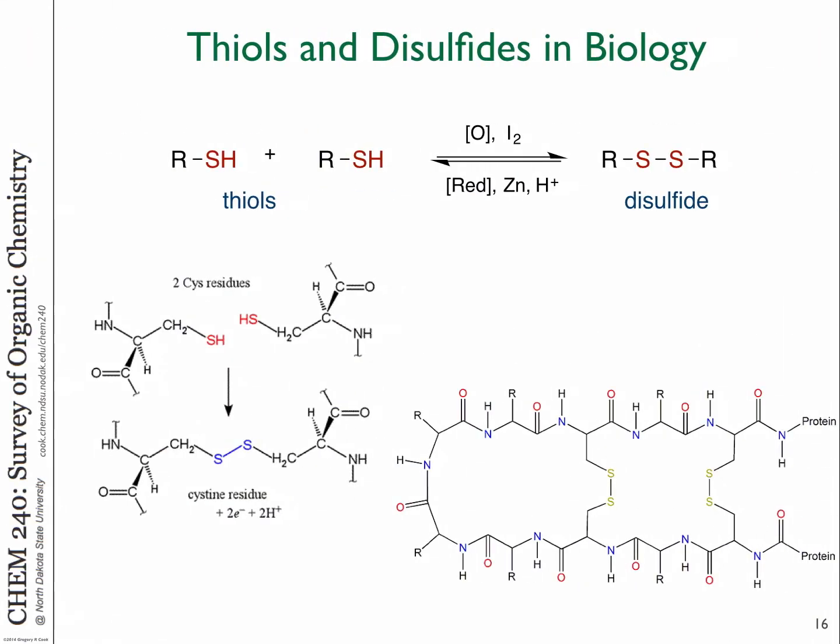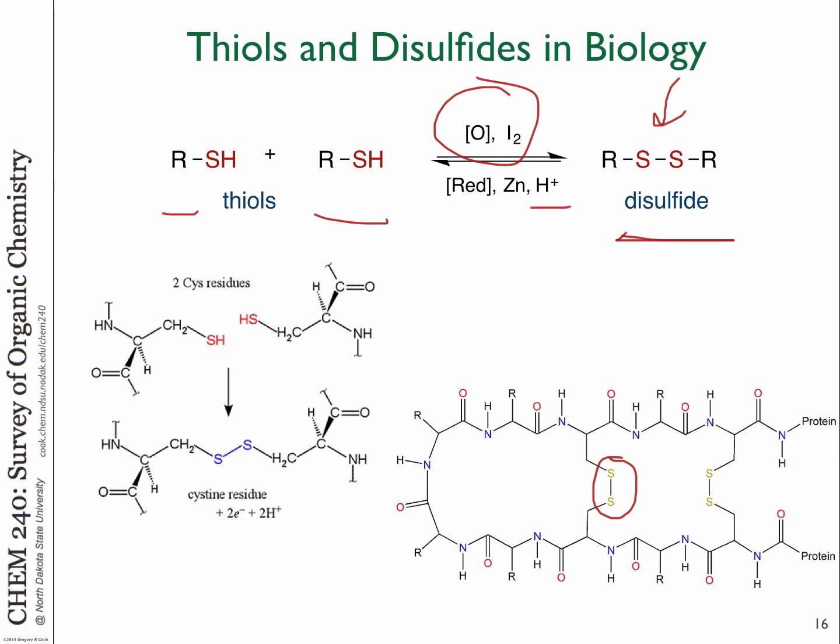Well, as I said, cysteine is an amino acid that's important in biology. And one of the ways that it's important is that when cysteine is incorporated within a protein backbone, those sulfur bonds can form disulfides. This is an oxidized form of sulfur, where you have a sulfur-sulfur bond. If you take two thiols and oxidize it, and there are many things that oxidize it, iodine for one, you can make a disulfide, where we now have a sulfur-sulfur bond.